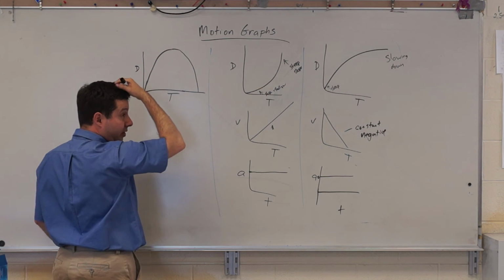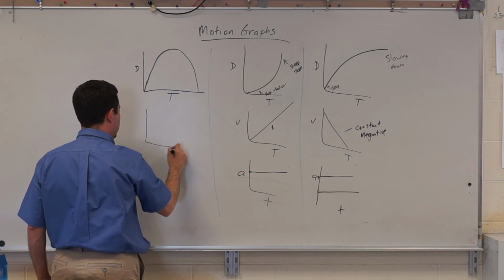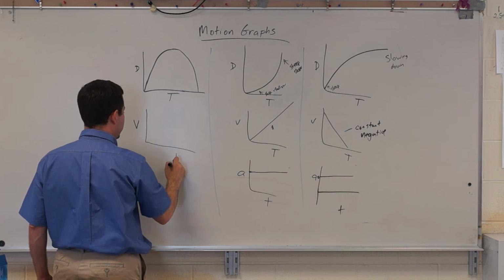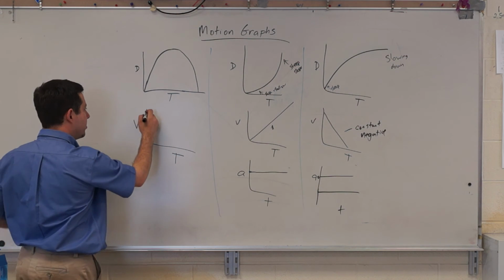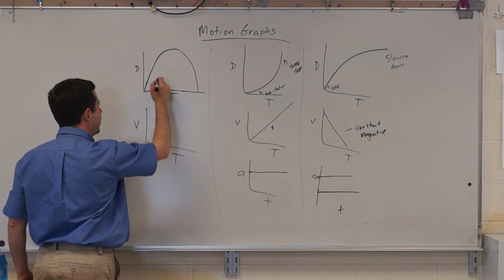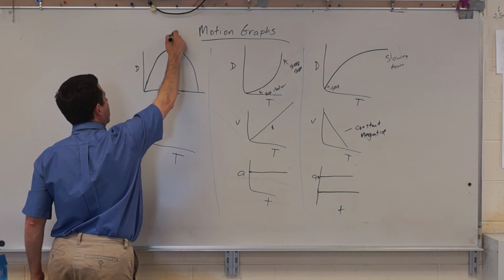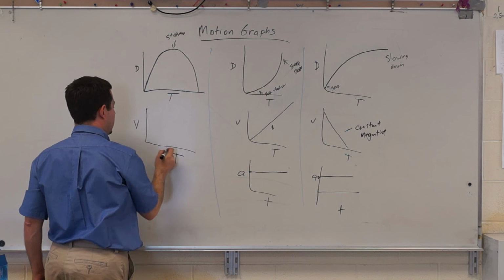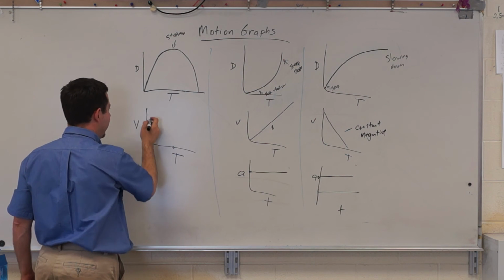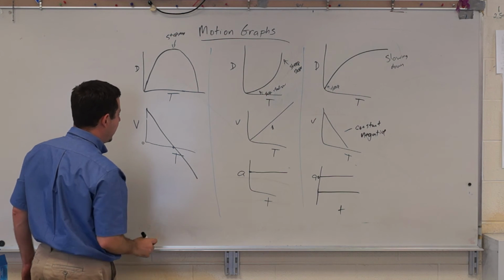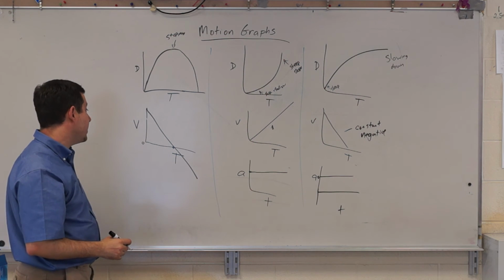Doesn't stay 0 for very long. So velocity versus time. So initially it's got a big velocity moving upwards. So up here is your big velocity. It's stopped here, meaning velocity is 0, but then it becomes negative. So in fact, your velocity time graph looks something like that.